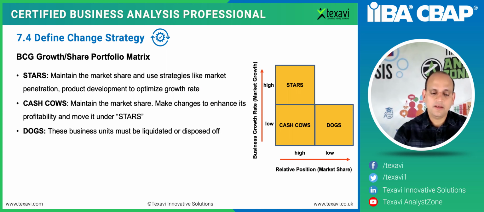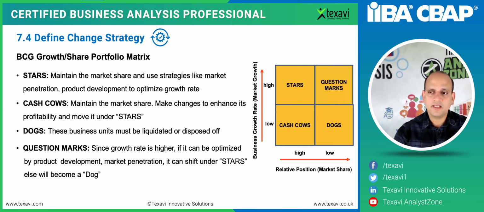So that's exactly the kind of decision that we need to make as a business. And then what comes up is basically the question mark. This is the kind of product or offering where you've got a very low market share, but then potentially there's a huge market growth rate.